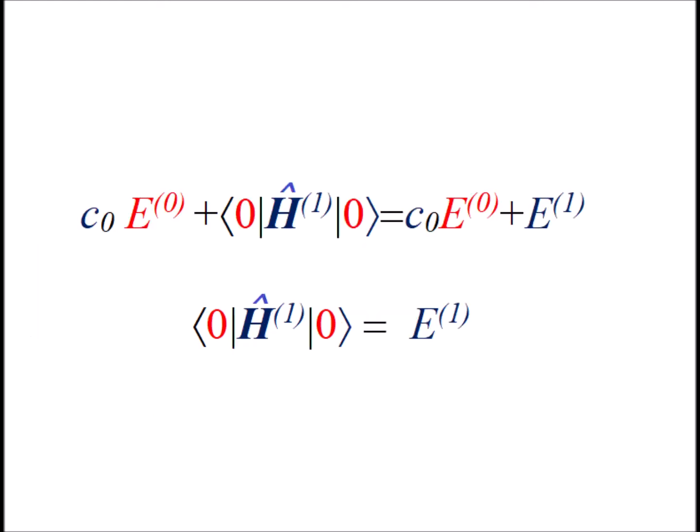We notice that we have a c₀E₀ on each side, so we can cancel. And we're left with an expression for E₁, the first order correction to the energy under the perturbation. And we notice we can get that by just evaluating the integral of the perturbed Hamiltonian acting on the ground state wave function, the lowest energy eigenfunction.